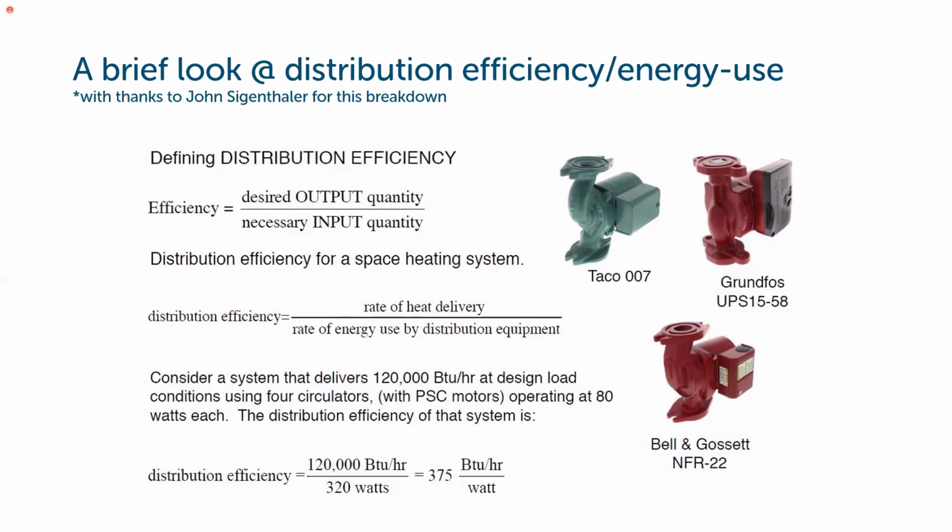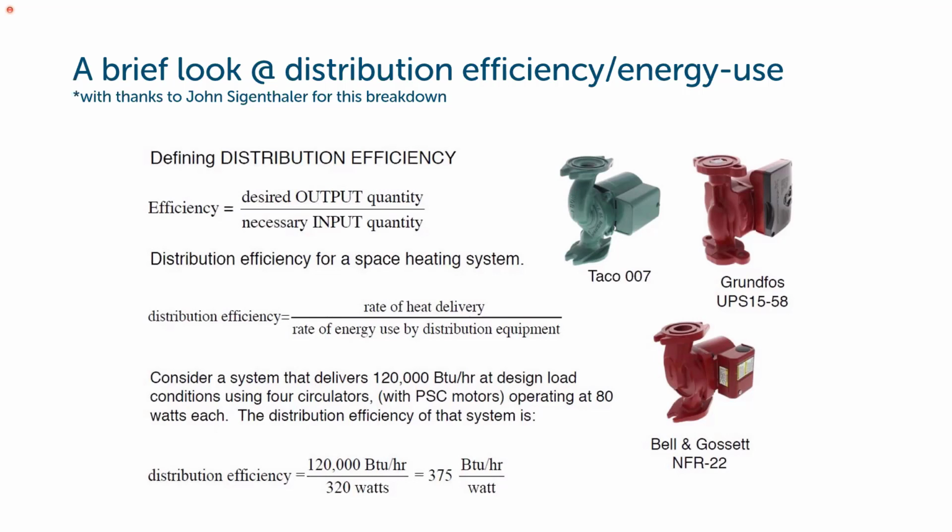So efficiency is output over input of energy necessary to deliver that output within the building. So you're taking the rate of heat delivery divided by the rate of energy use required by the distribution equipment.